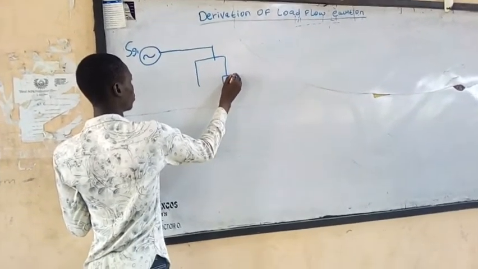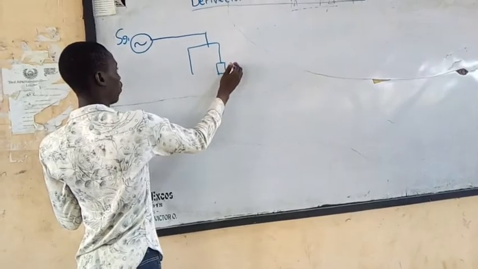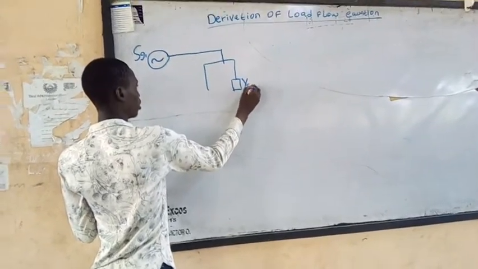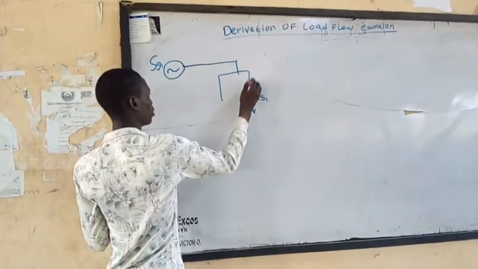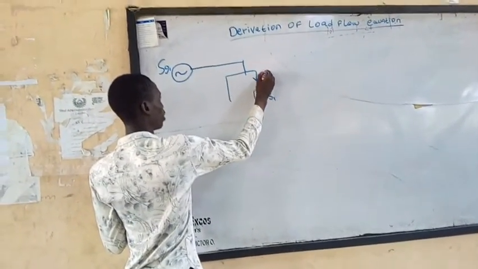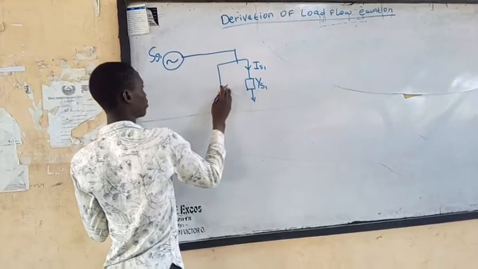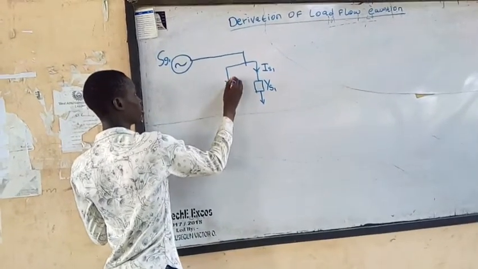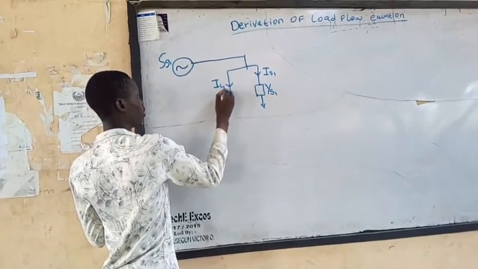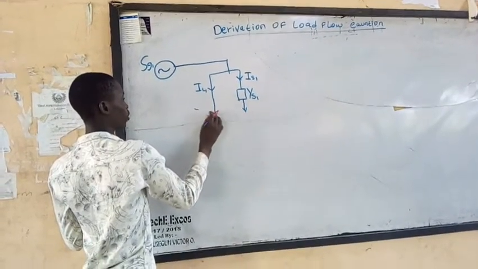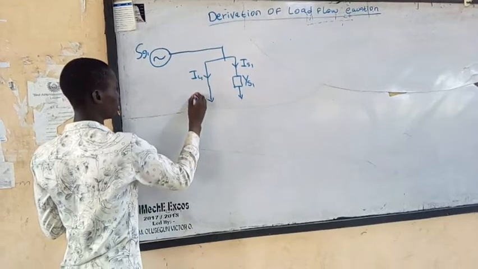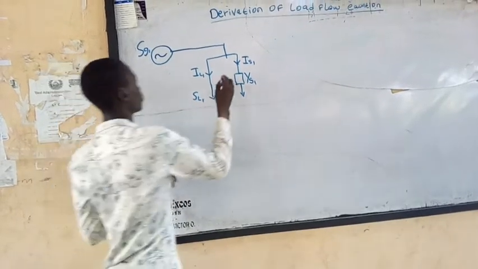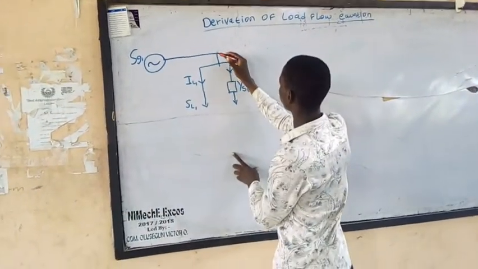We have our admittance YS1, and from here we are having IS1, and from here we are having IL1, and here we are having what we know as SL1.